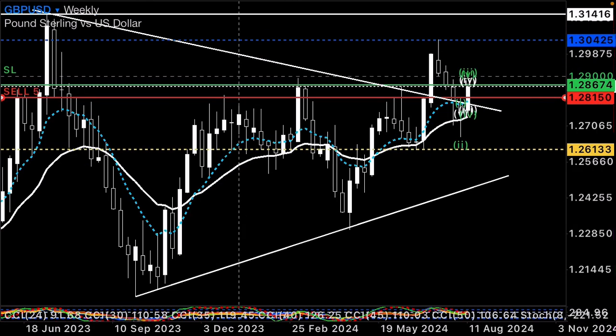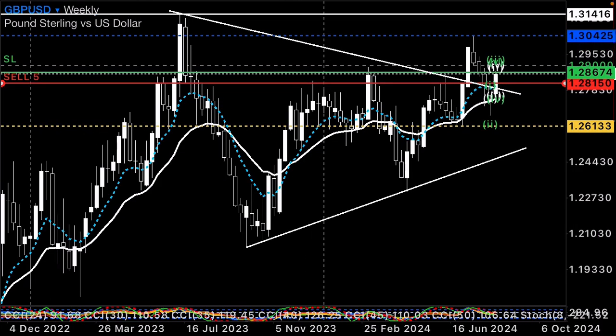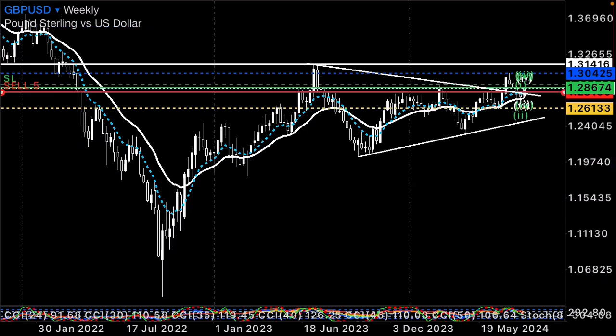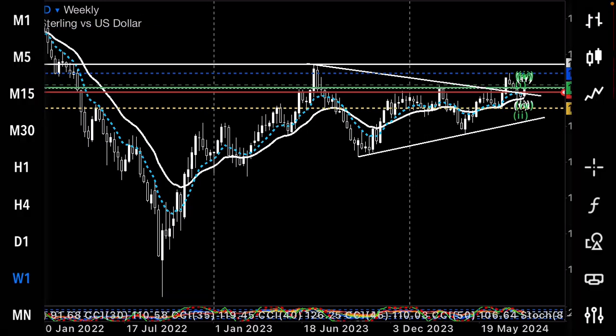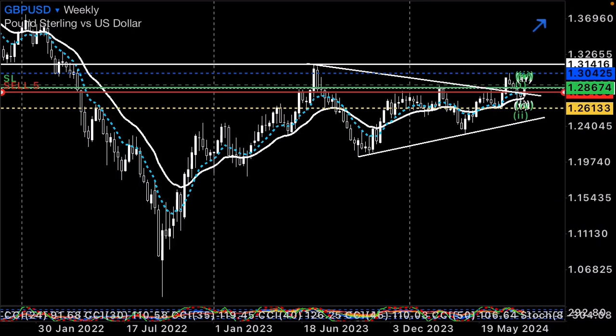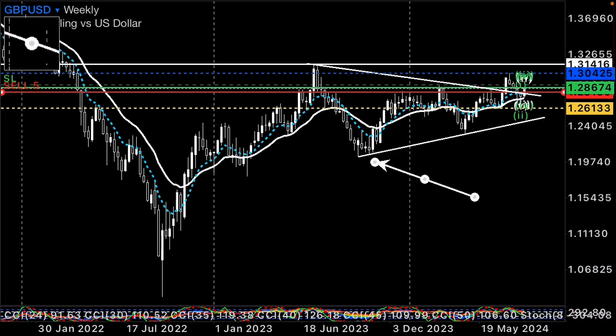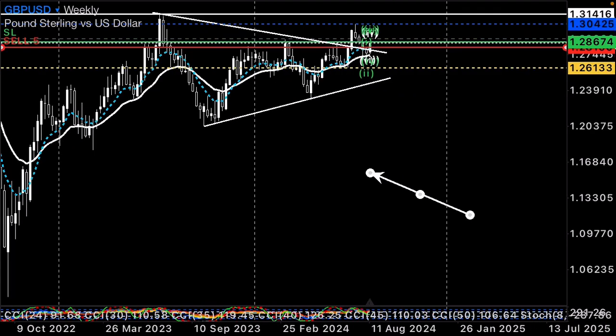On the weekly, it kind of looks like there's a trend. It looks like a trend, an A, B, C, and then down.